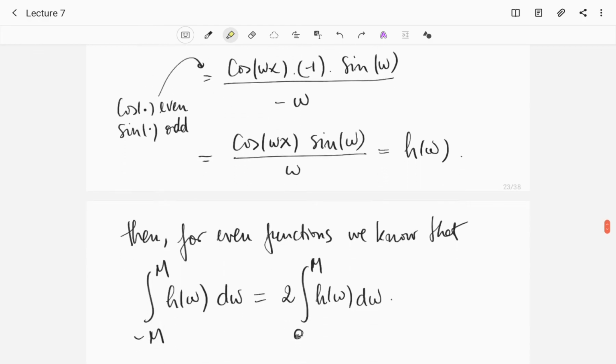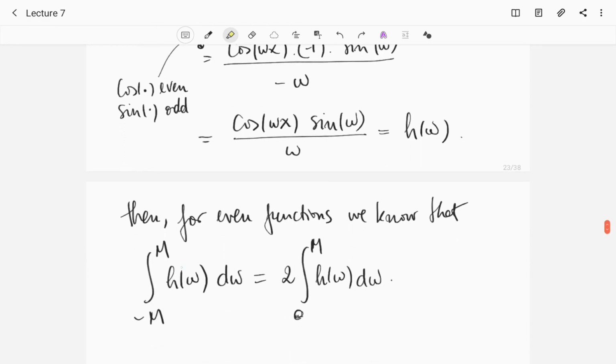So we also know that for every even function h, if we integrate h between minus m and m, this is equal to 2 times the integral from 0 to m of h, because of the symmetry that we have.